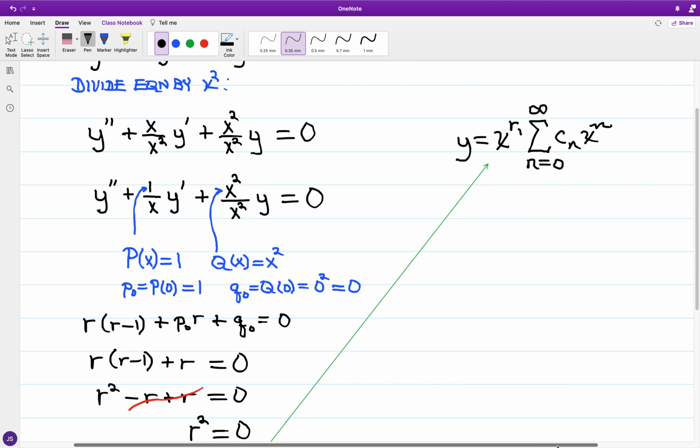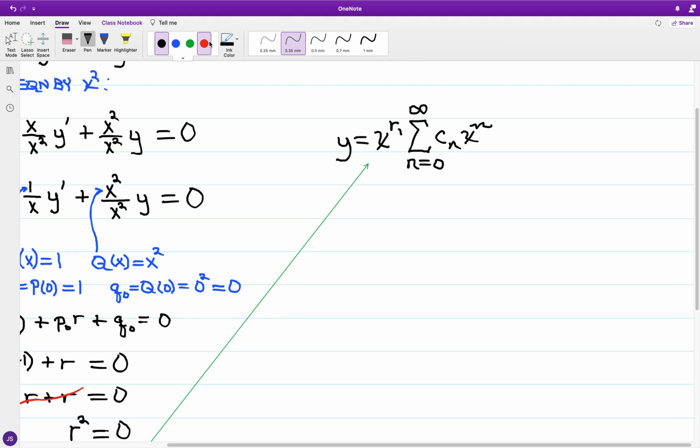And since r1 is equal to 0, there's no degree that's going to be added to x to the n, so that's going to be locked in at c of n times x to the n.